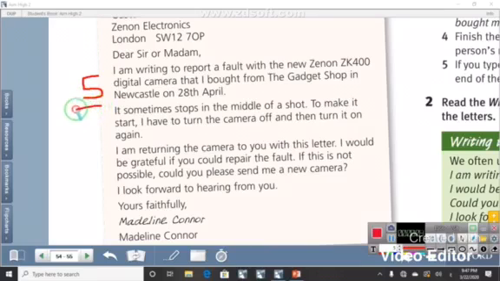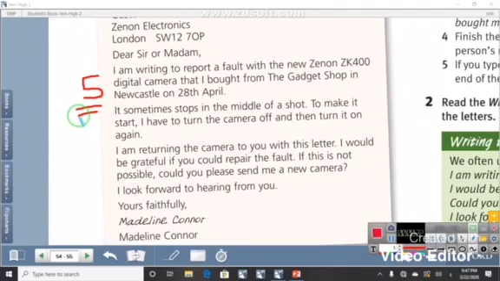Okay, here now, this is what? The point number 5, or the 5th step. I'm writing to report a fault with the new Xenon SK400 digital camera that I bought from the Gadget Shop in Newcastle on 28th April. It sometimes stops in the middle of a shot.